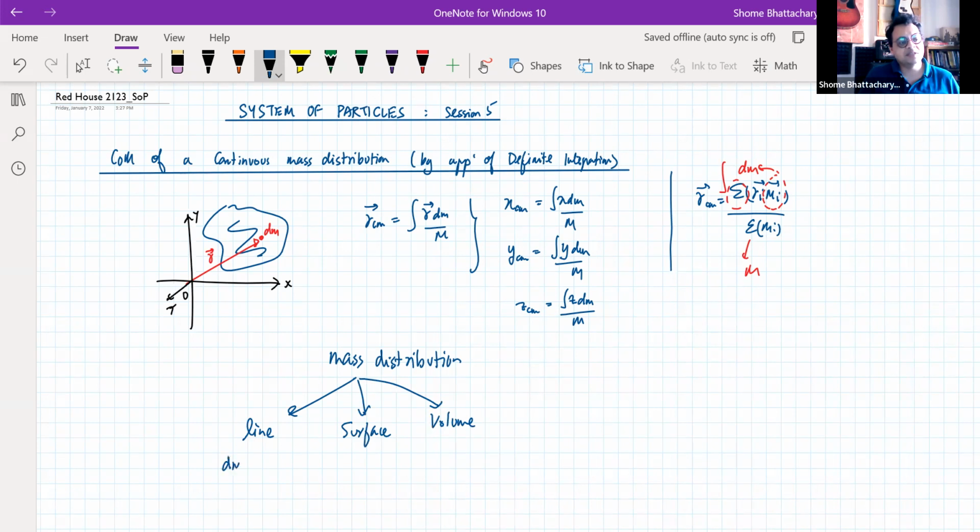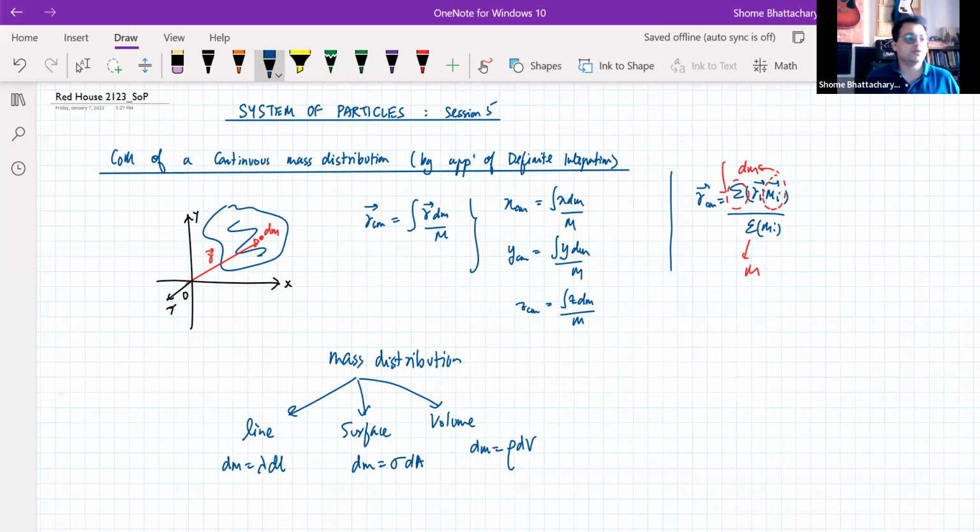Accordingly, the mass element dm is either taken as a differential length, lambda being the mass per unit length, into dL, or a differential part of the surface, so sigma is mass per unit area into a differential area dA, or a differential part of the volume, so it is density into that differential volume dV.